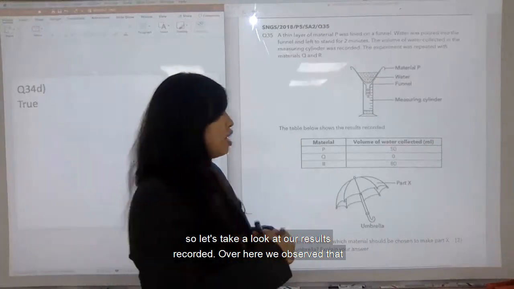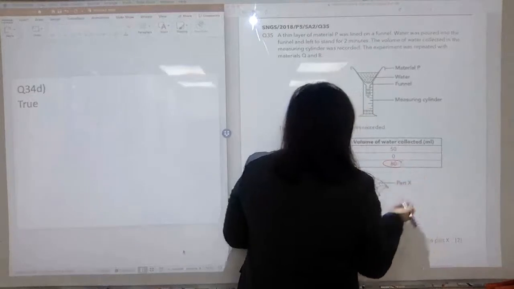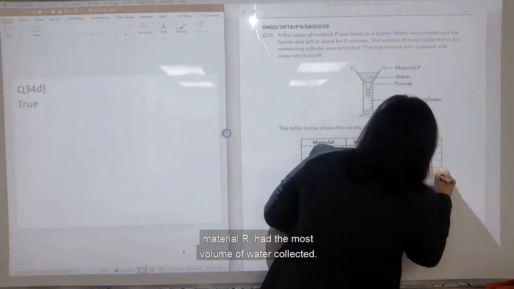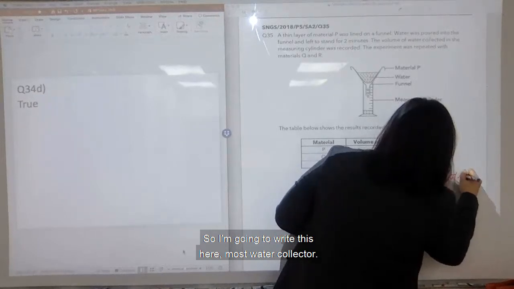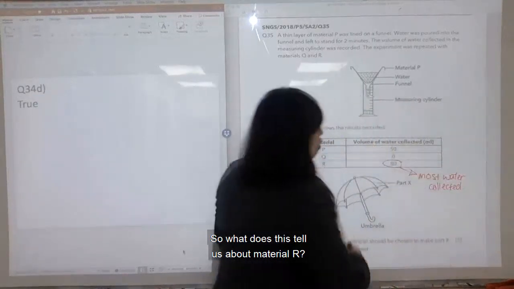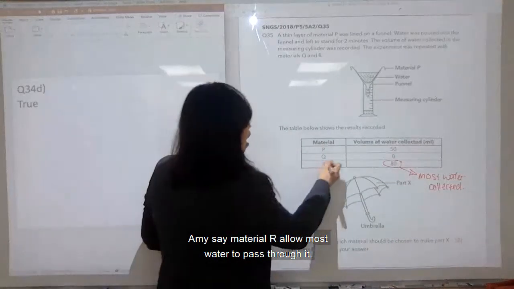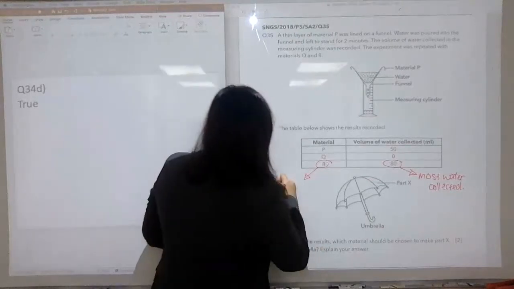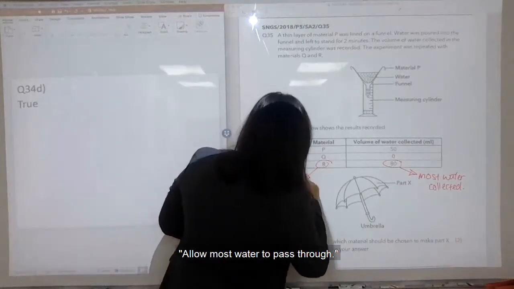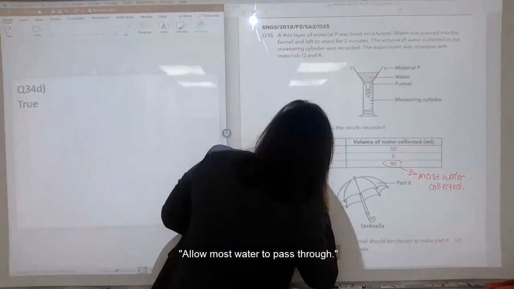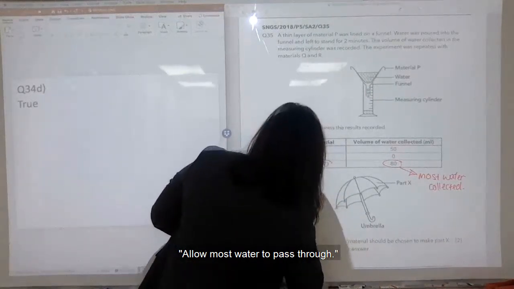Over here we observe that material R had the most volume of water collected. So I'm going to write this here, most water collected. So what does this tell us about material R? It means that material R allowed most water to pass through it. So I'm going to write it here, allow most water to pass through.